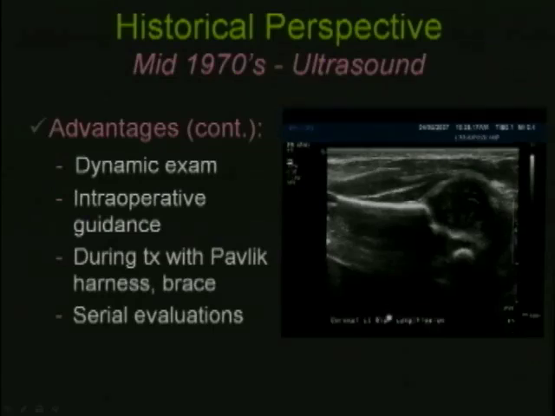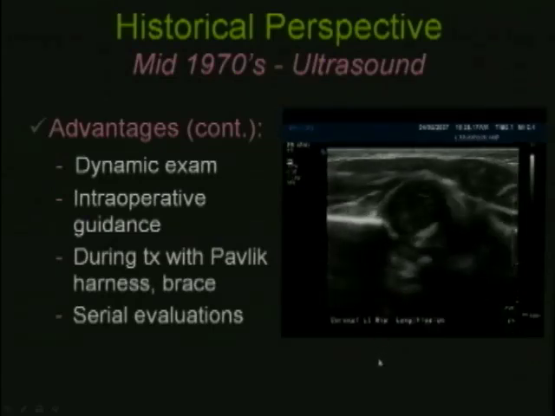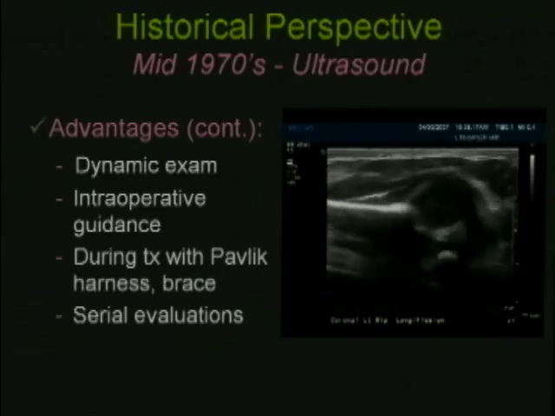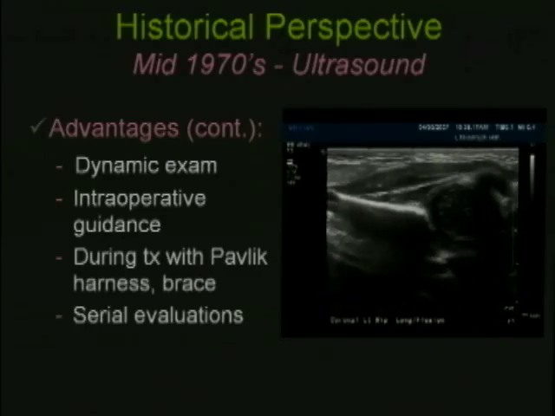So for the first time, we had a dynamic exam that we could use during various positions of the hip to determine whether or not the alignment was normal over and above looking at the morphology alone.